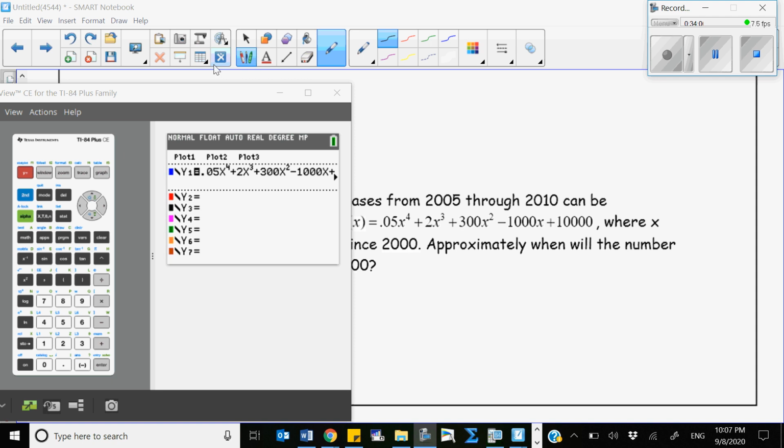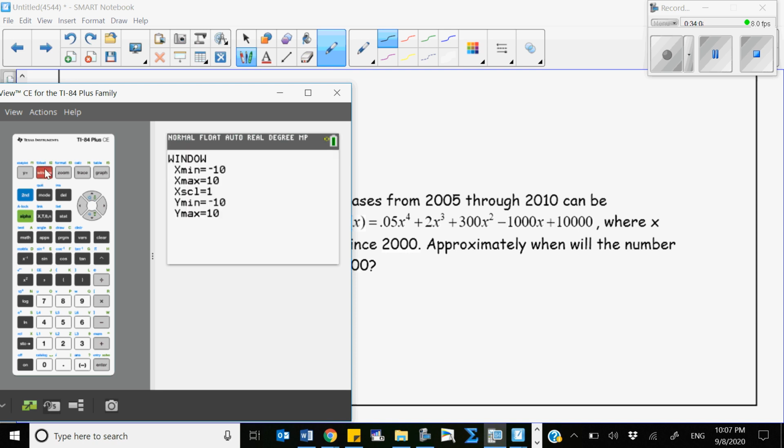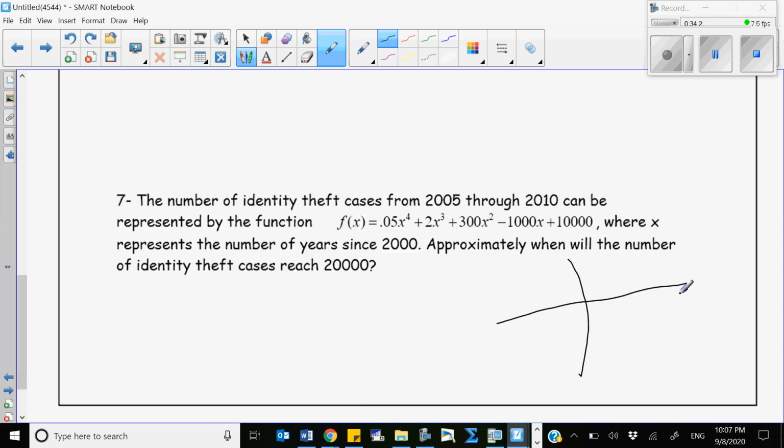After entering the function into the calculator, as I graph it, again, I don't see anything. Let's see, what should my x and y be here? The problem itself is saying that the x value is from 2000 to 2010. That means if I graph the function, the x-axis is the number of the year, which we are considering 2005 to 2010.